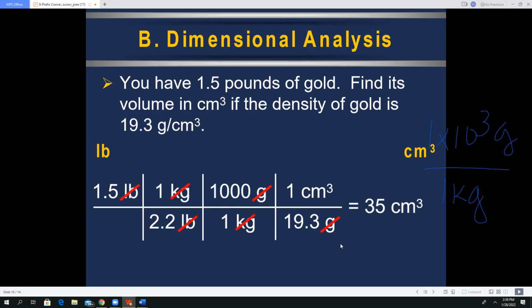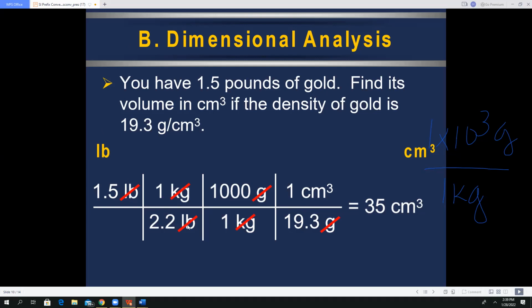So are you understanding so far how to do the dimensional analysis? I mean, if you let the units guide you as to what to do next, the units will never lead you astray. You just got to place them in the right spot. That's all. And that's the main thing. And the way that I always say is where you're coming from comes on the top.